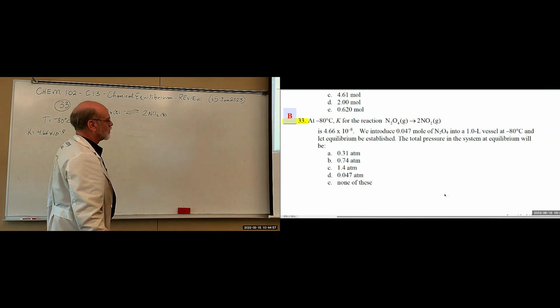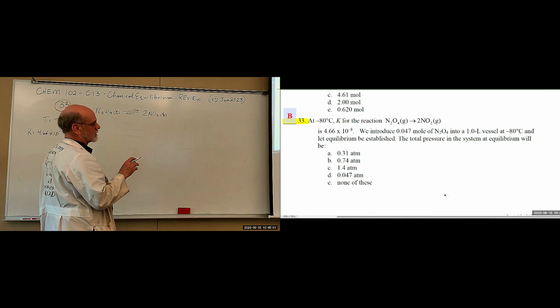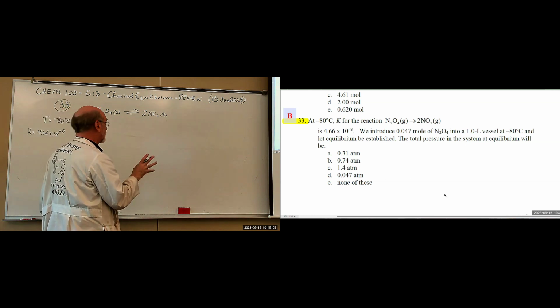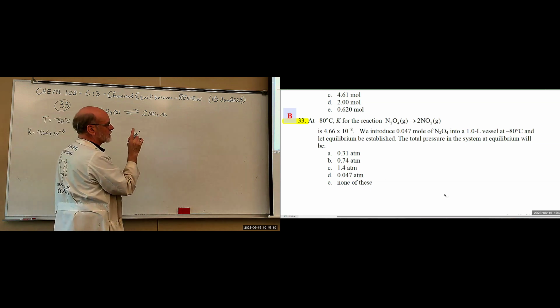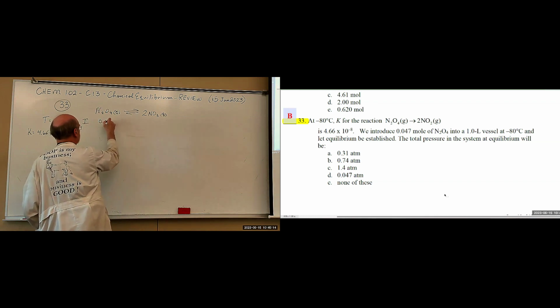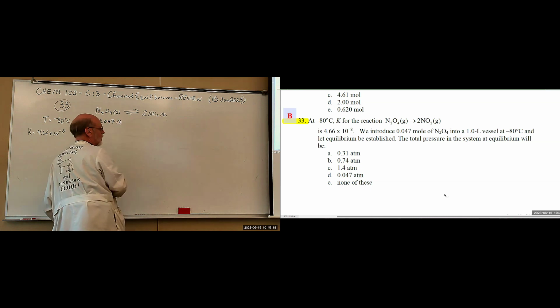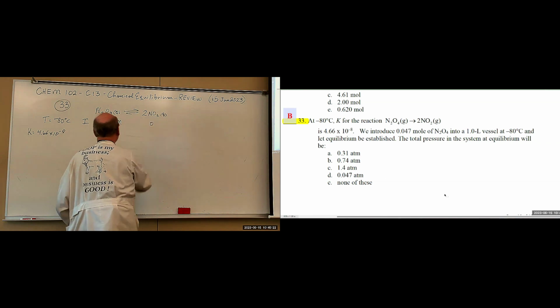We introduced 0.047 moles of N2O4 in a 1 liter container and let the equilibrium establish. The total pressure in the system at equilibrium will be. All right. So initially, we're going to put 0.047 moles in 1 liter. So it's that many moles. And we have none of this.